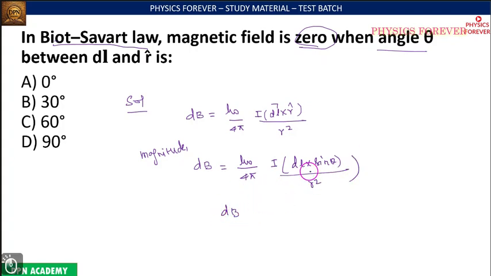We want dB, and they have asked about the angle. So dB is proportional to sin theta. So the magnetic field is 0 when theta is equal to 0 degree, since sin 0 is equal to 0. Option A is correct. Okay.